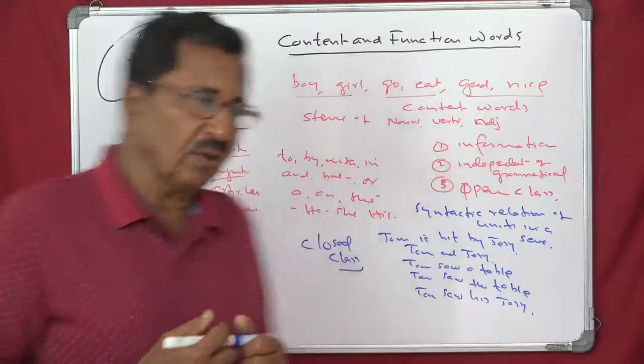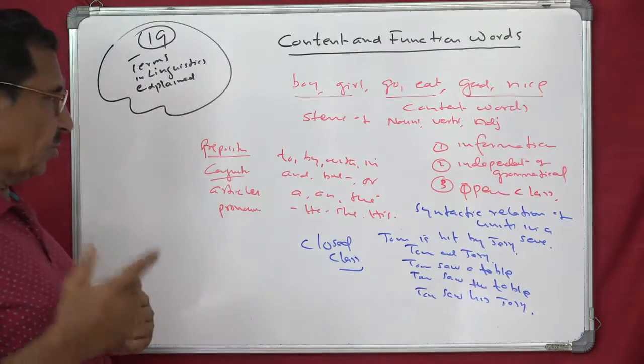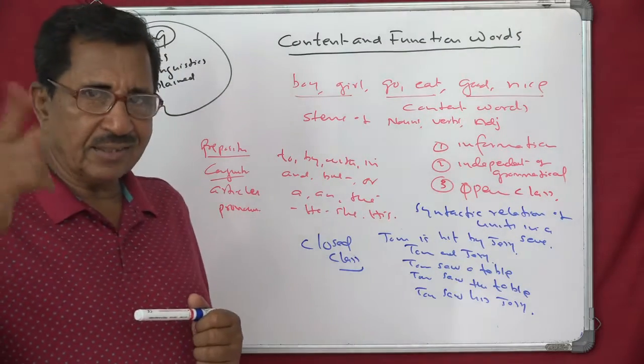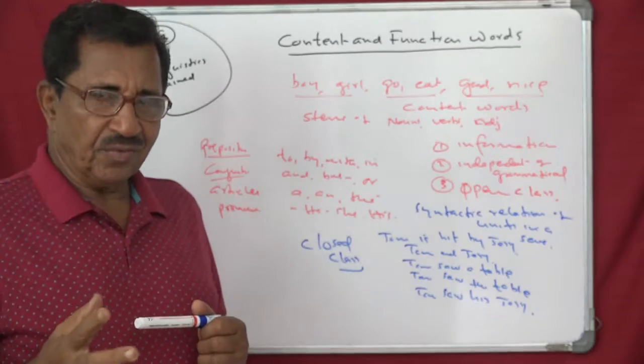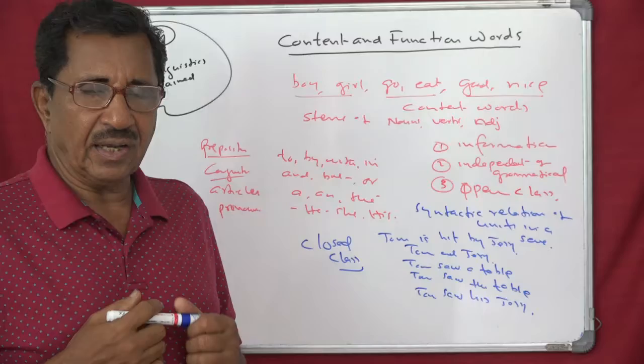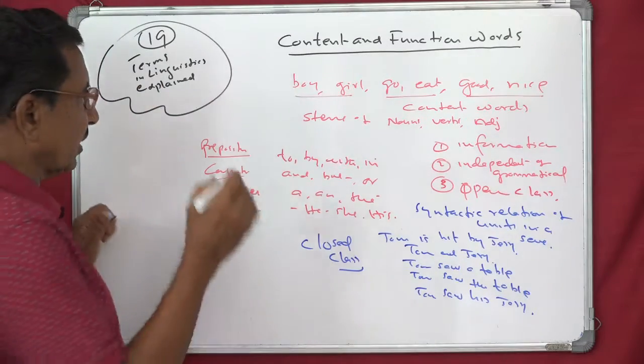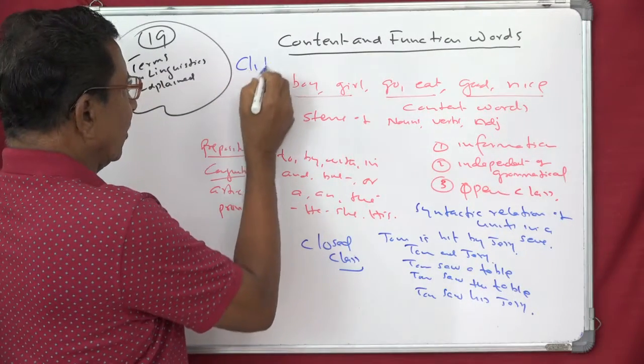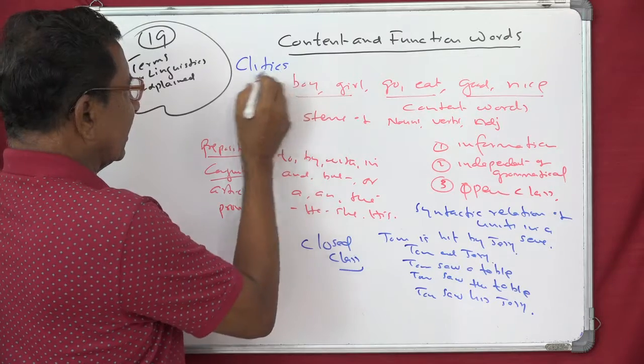And now definitely you will ask me something. You remember I told you a few classes, a few days ago, I took a new thing called clitic. You remember clitics?